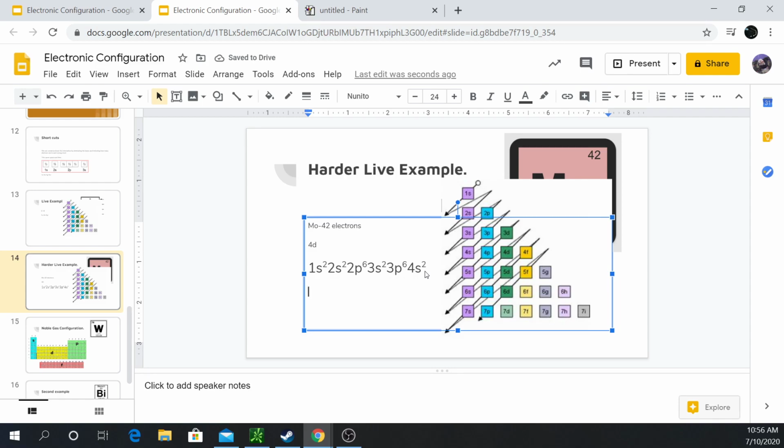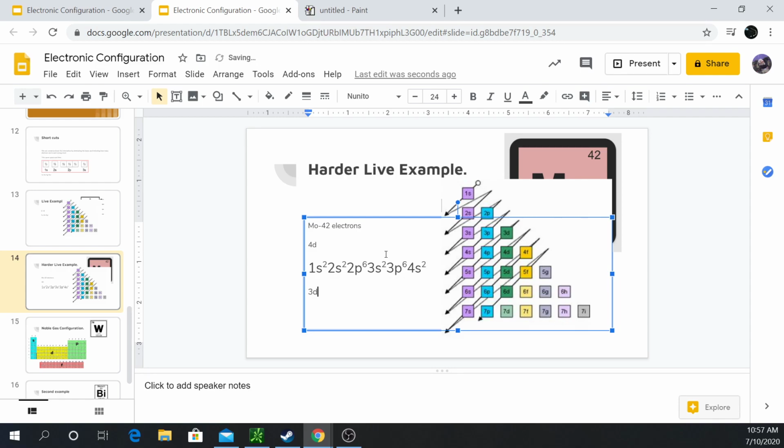So 4s2, after 4s, we would have 3d. And we were looking for a total of 22.